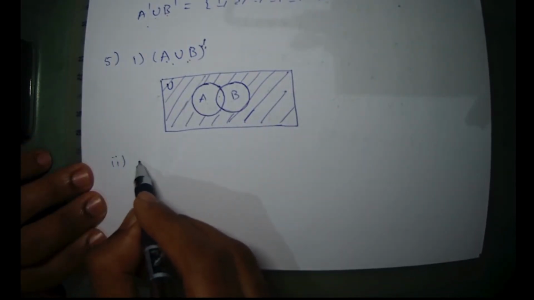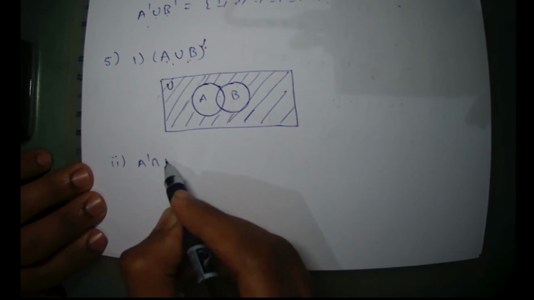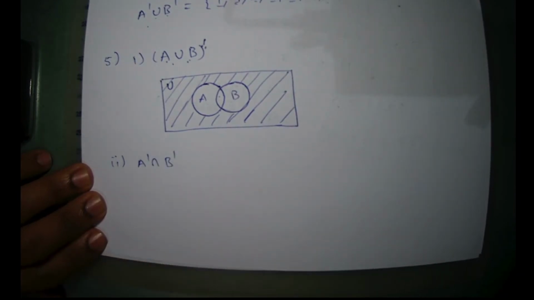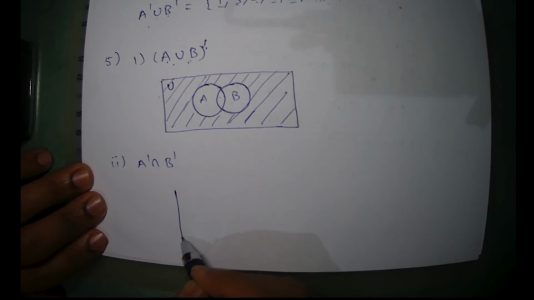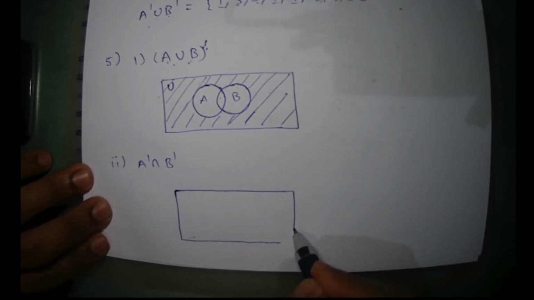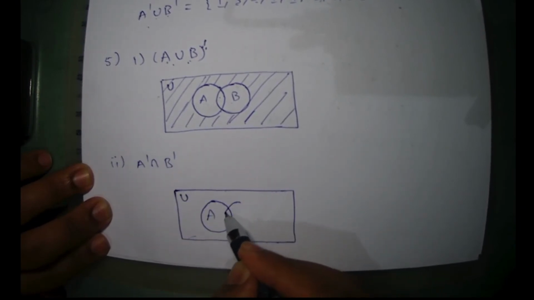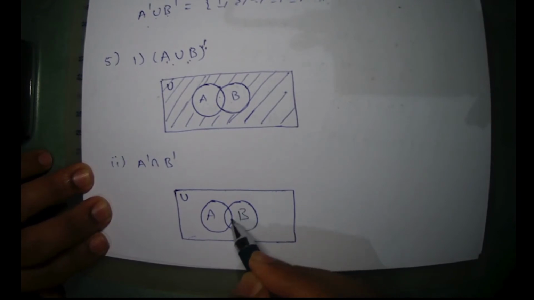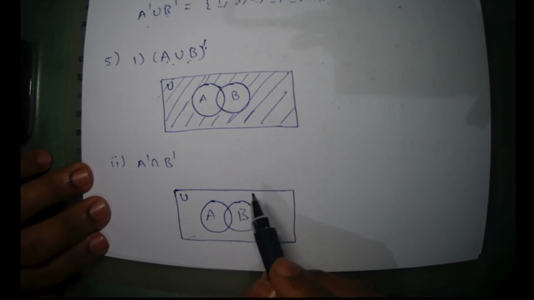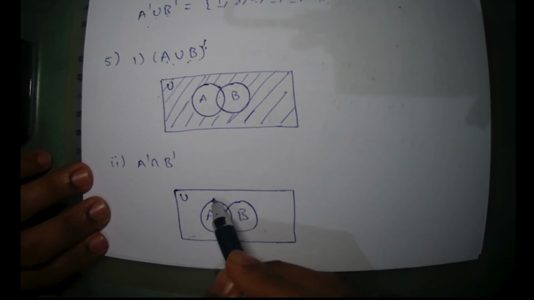So the second question, we have A dash intersection B dash. So again take a universal set U. I'll draw again set A, set B. So this is A intersection B. A dash is nothing but all the terms outside set A including a few terms of set B. B dash is nothing but all the outside terms including a few terms from this.